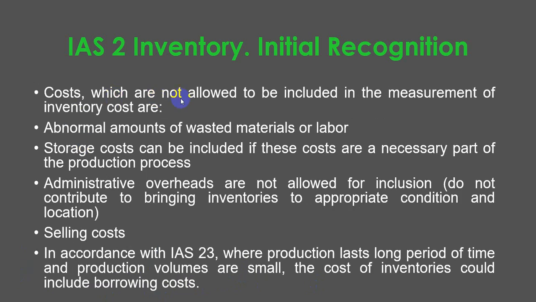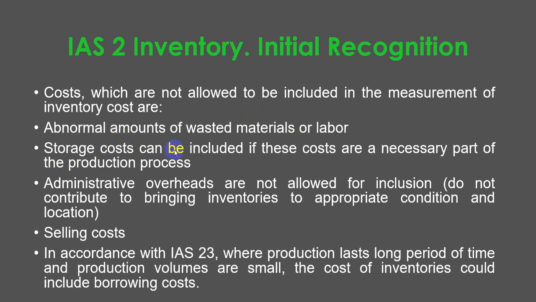Costs which are not allowed to be included in the measurement of inventory cost are abnormal amounts of wasted materials or labor. Storage costs. However, in case of storage costs, there is an exemption.